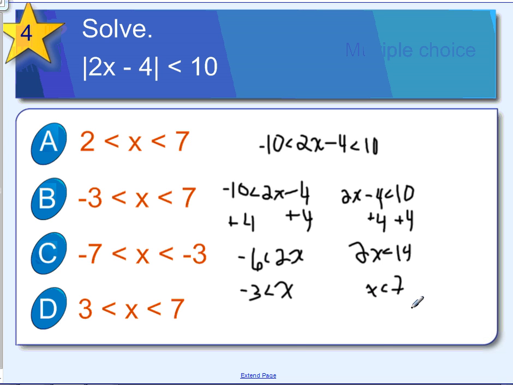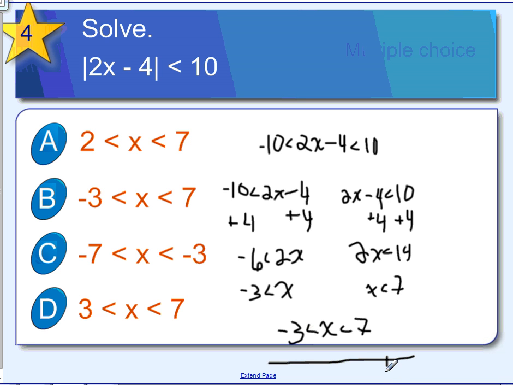Now from here, I'm going to take my two inequalities and turn them back into a compound inequality. So I'm going to say x is less than 7 and it is greater than negative 3. From here, I would just solve this or graph this like normal.